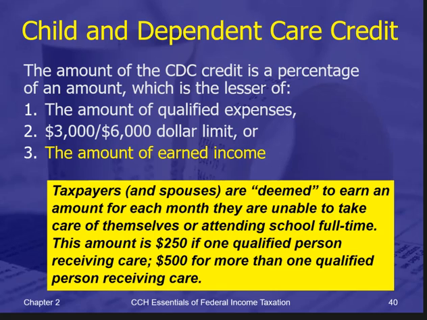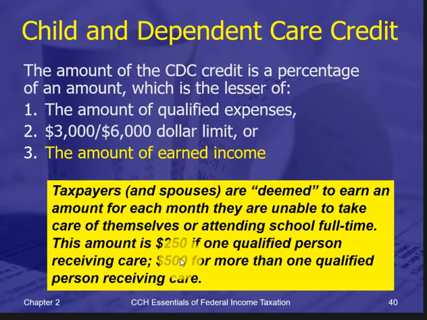Now, they did put a caveat in terms of if you're a full-time student. So if one spouse is working and the other spouse is a full-time student, we can pretend that the one that's a student is making some money so that this is still available. So we treat them as if there's one child being watched by a babysitter.